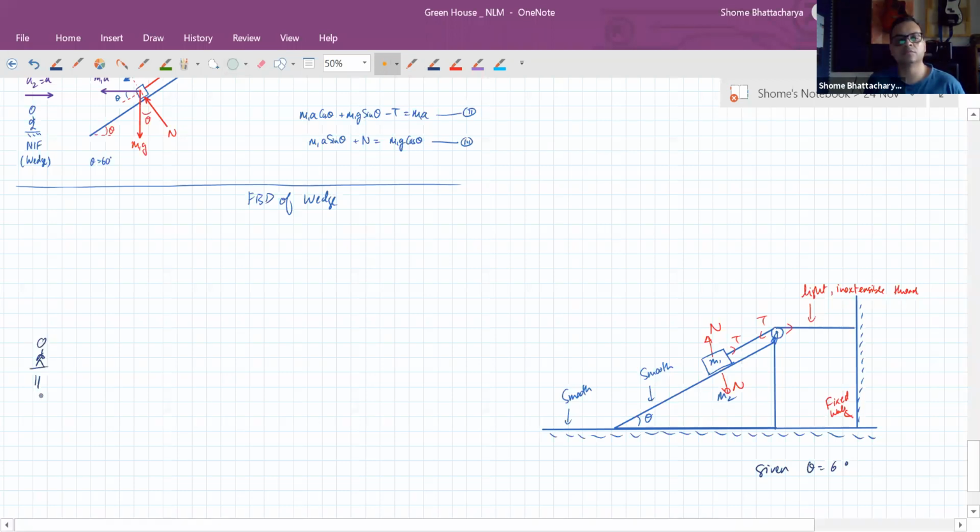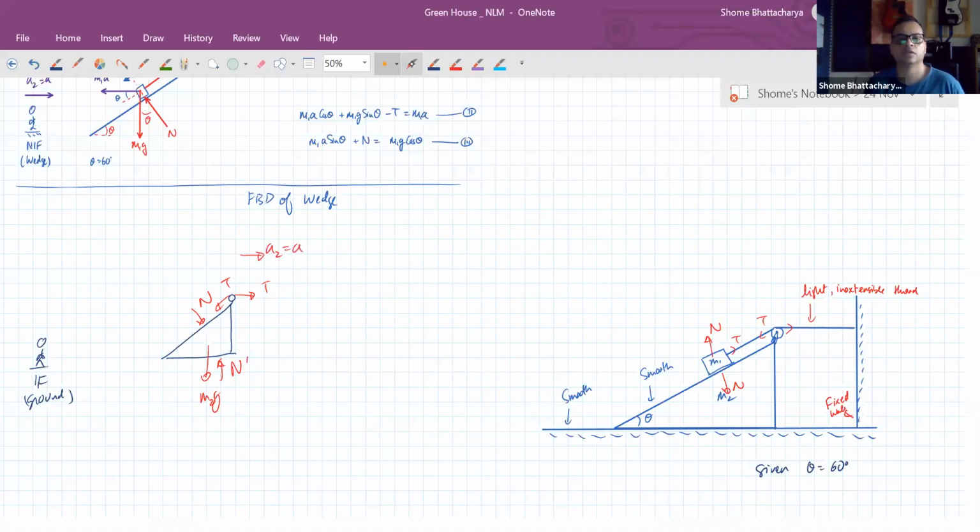So in the inertial ground frame, if you look at the wedge with the pulley attached to it, the forces acting on it are normal reaction, tension, one more tension like this, okay, its own weight, and normal reaction from the ground, let's say N prime, and it has an acceleration of A2, which is equal to A. So when we make a proper free body diagram, we'll see that this tension and this tension are such that this angle will be theta, because this angle is theta.